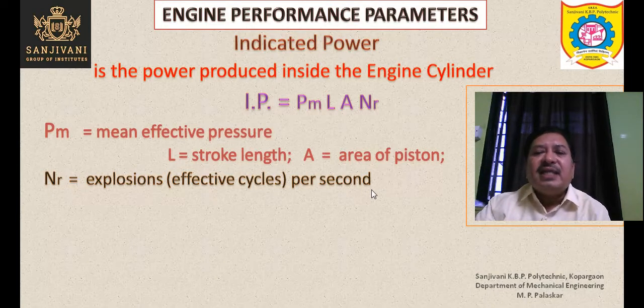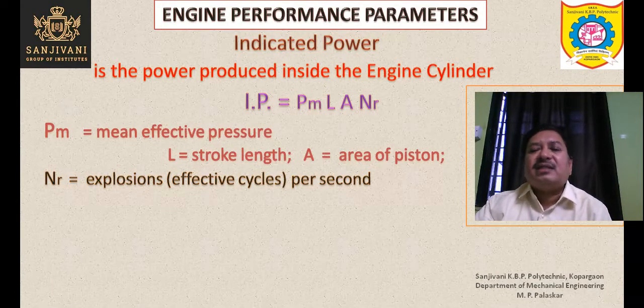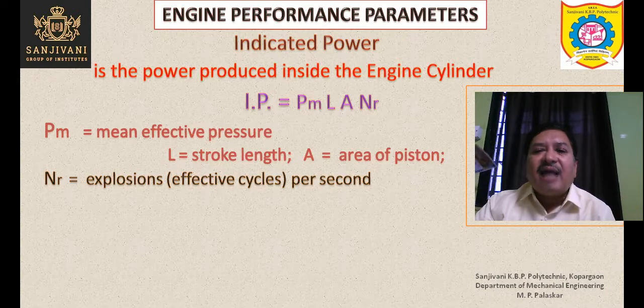So, in 1 second, how many times explosion takes place, how many times the fuel combustion or the ignition of the fuel takes place, or how many effective cycles are there in the engine per second, that is nothing but N_R.